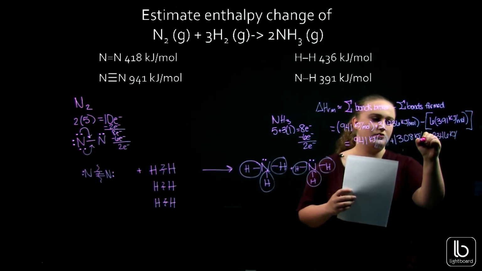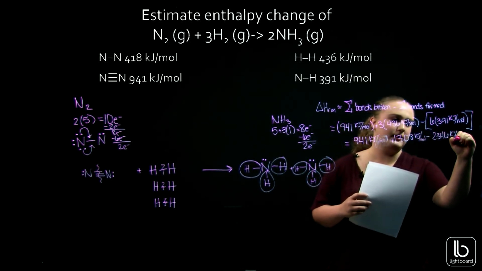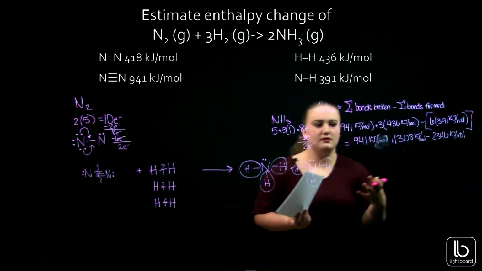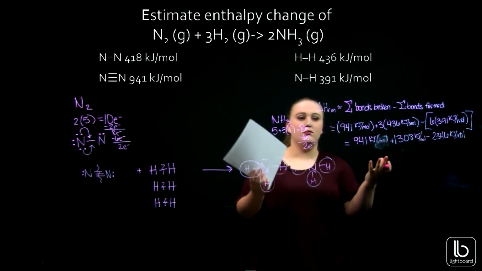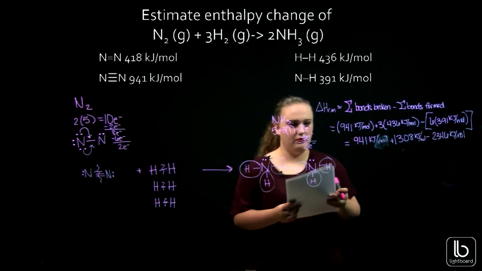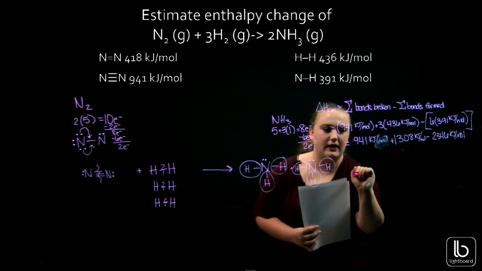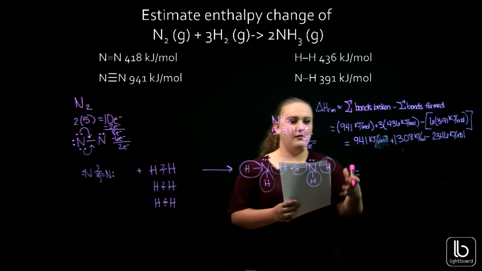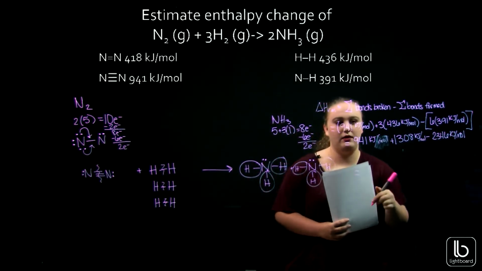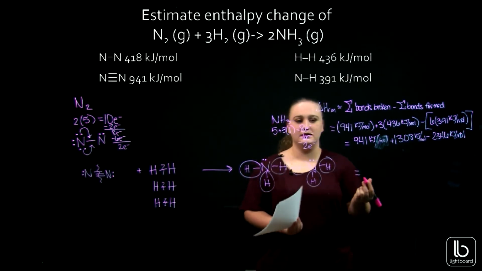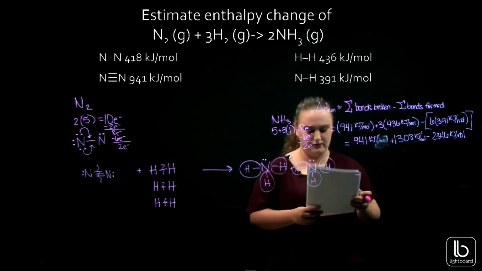Actually, we're going to put the kilojoules per mole back in there because, again, this is for every mole of N2 gas that I burn or that I react, or if I wanted to divide by and find the products, then I would divide by 2 because there's 2 moles of NH3 gas formed.